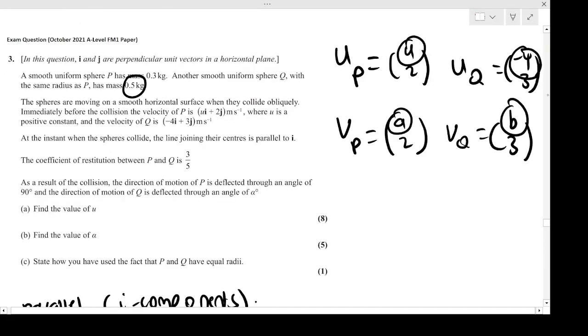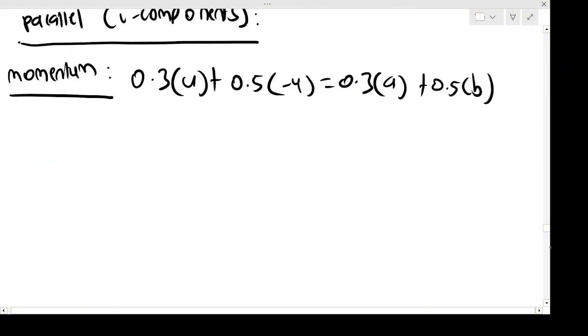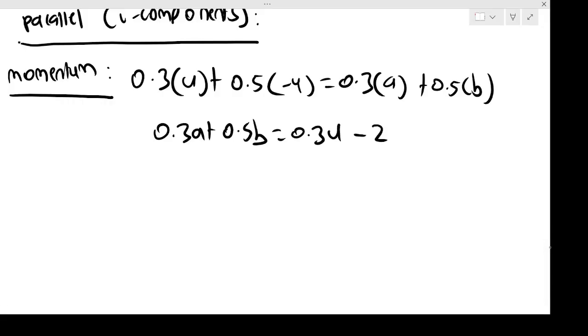Hopefully happy with all those I components there. So I can simplify this to 0.3A add 0.5B to be 0.3U minus 2.